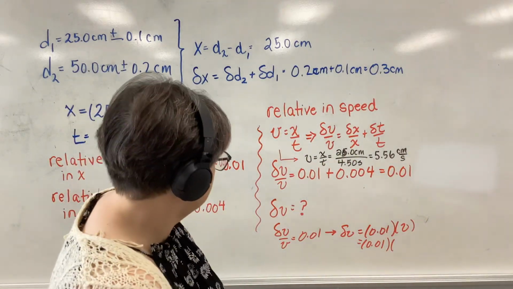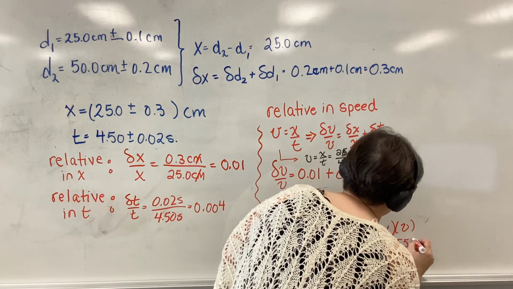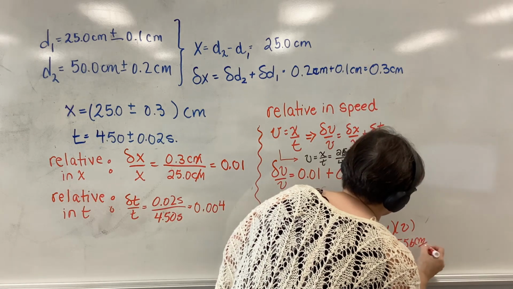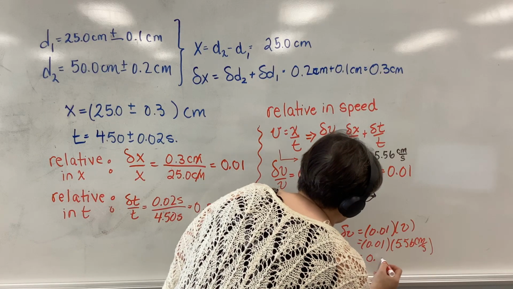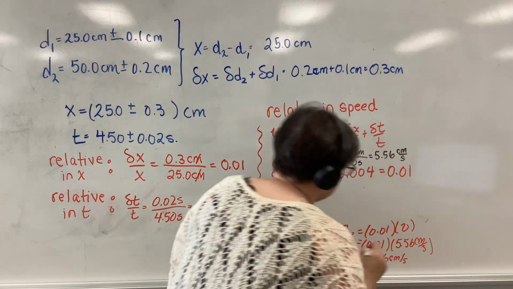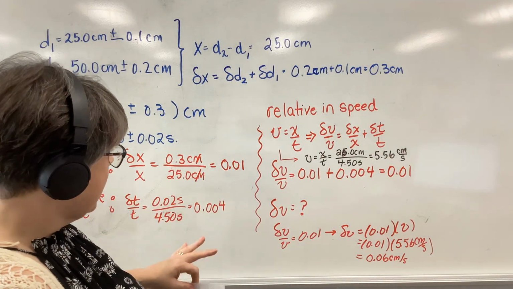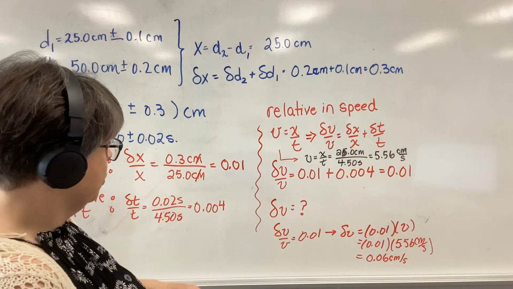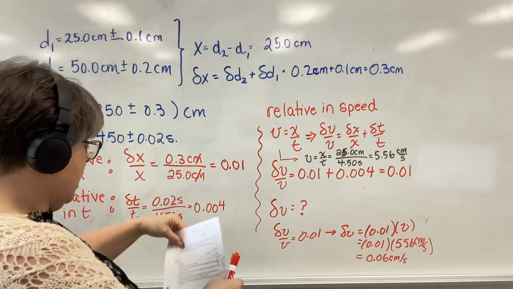So we pop that into our uncertainty calculation, 0.01 times 5.56 centimeters per second. And we solve that and we get 0.06 centimeters per second. So that's the absolute uncertainty in your speed.